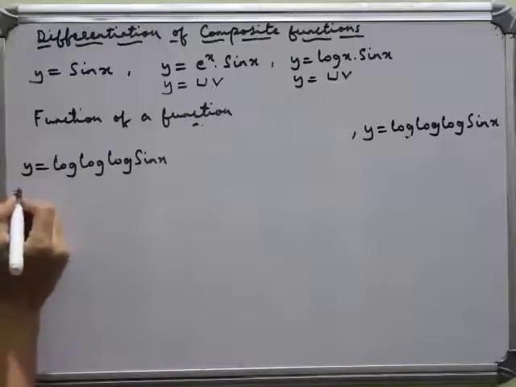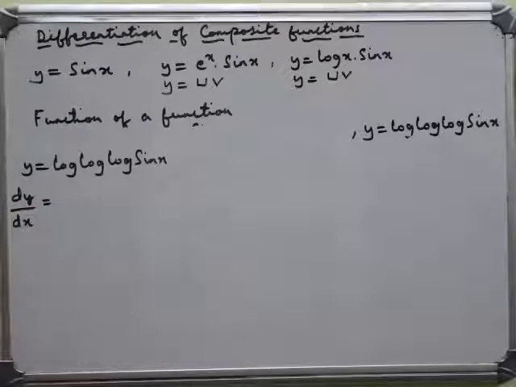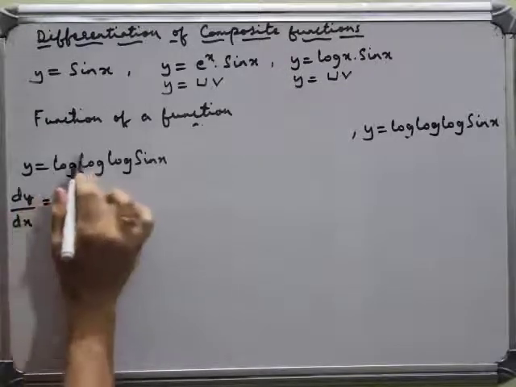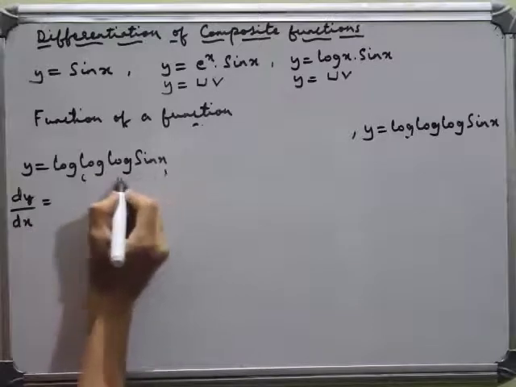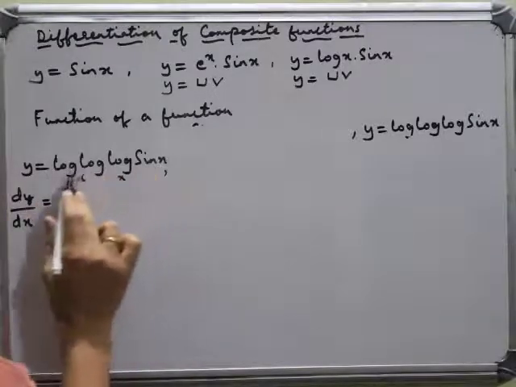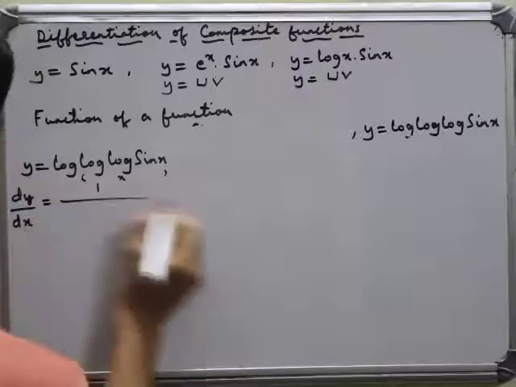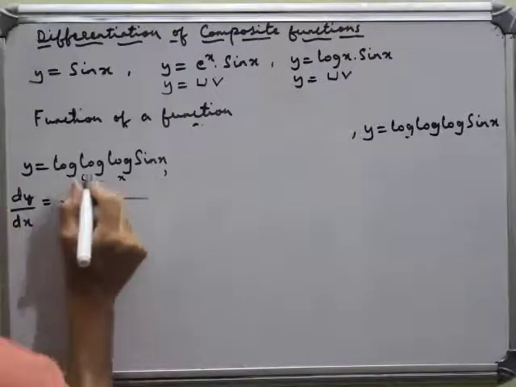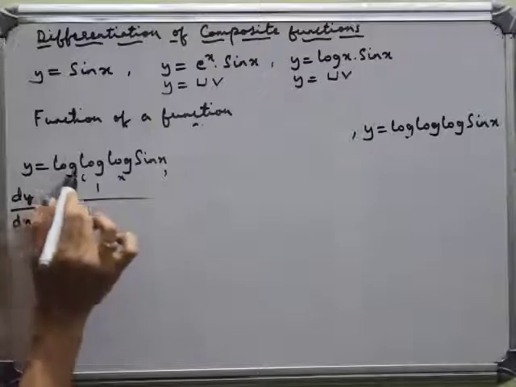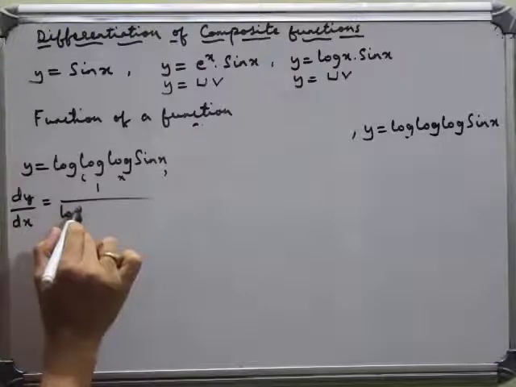Alright, then let us see how to differentiate this. dy by dx, differentiation of y with respect to x. Take the first function and consider everything as x. So this entire thing is x. Now we can read it as log x. Differentiation of log x is 1 by x.